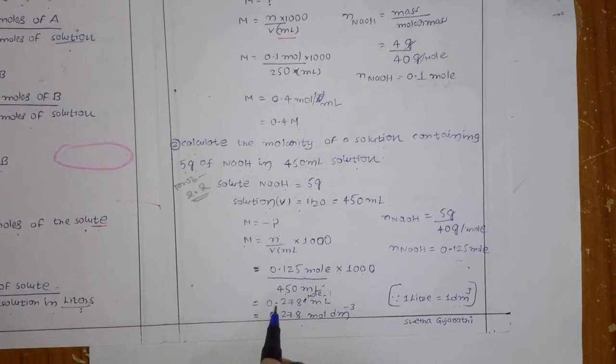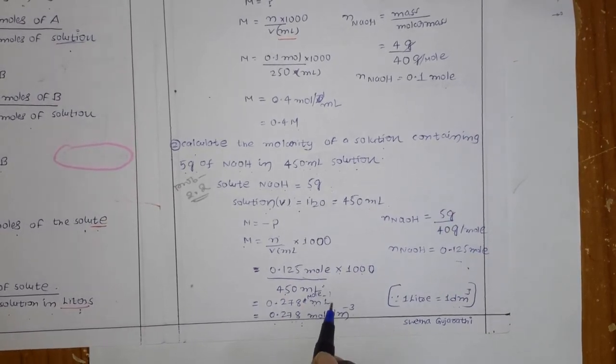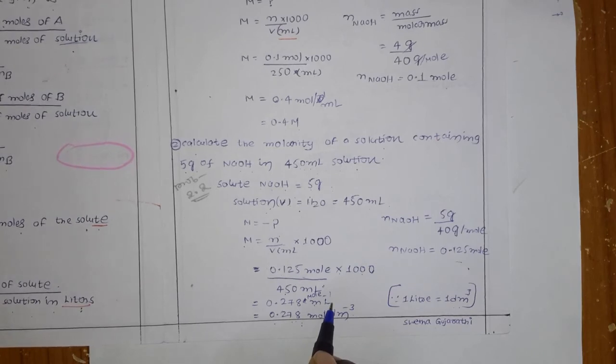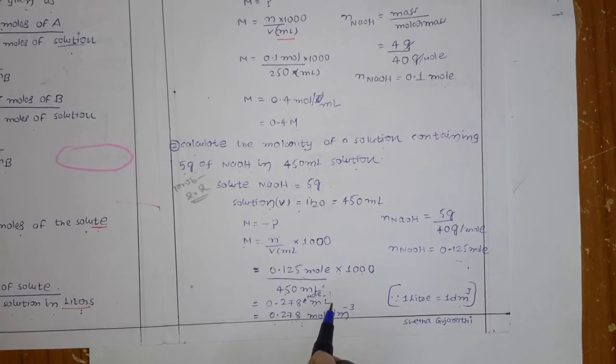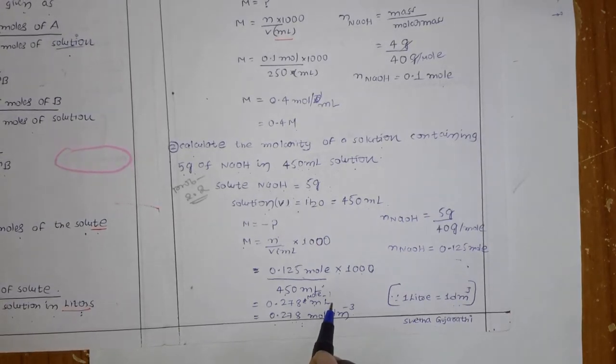When you do it you can get 0.278 moles per liter. No, it is only moles per liter, it is not for ml.